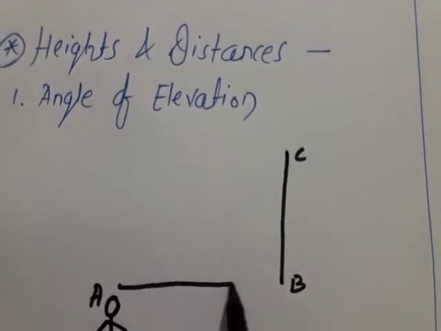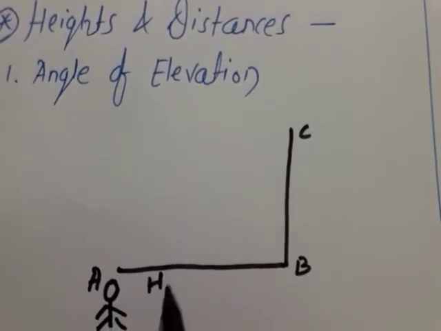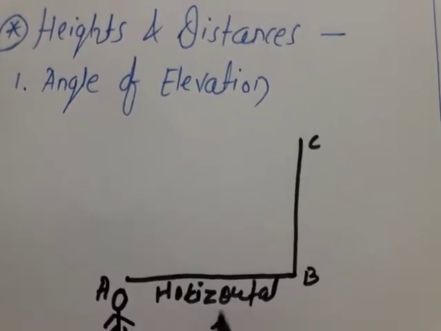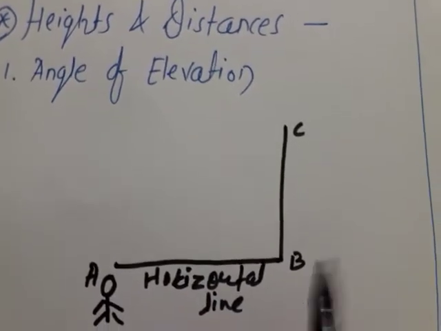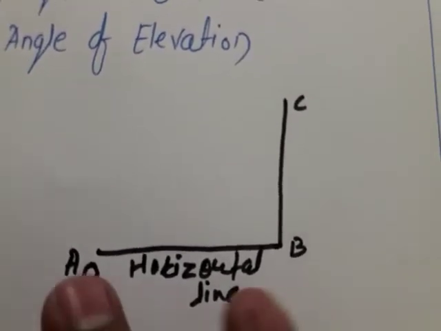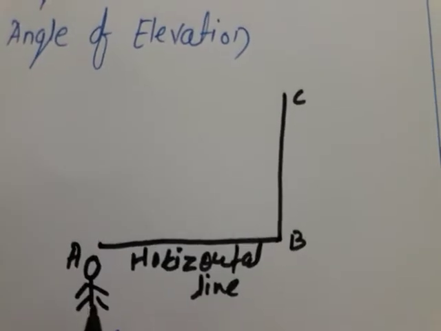Then this line is known as the horizontal line. Remember, I am talking about the horizontal line, I am not talking about the ground. This observer is standing, so the ground will be here only.